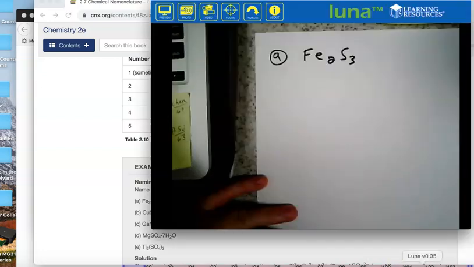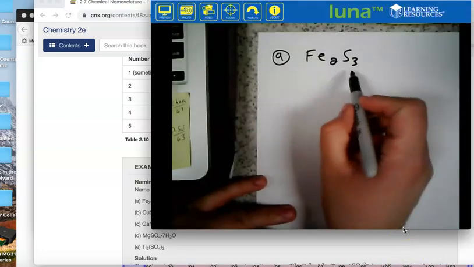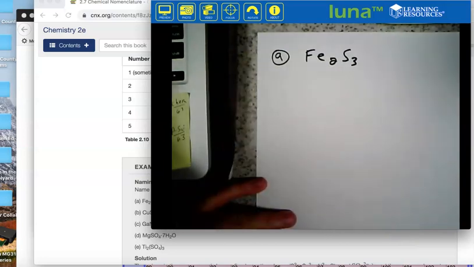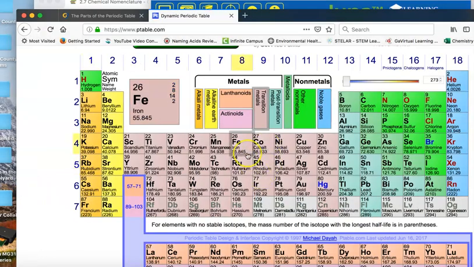Okay, so Fe2S3. When I look at the periodic table, where is Fe located? That's important because if it's located in group 1 or 2 or even 3, I should be able to predict the charge. But I know iron has multiple charges. I've used it before, I've named it before.